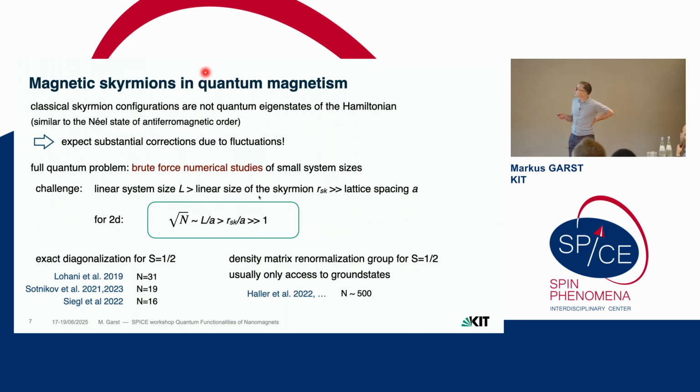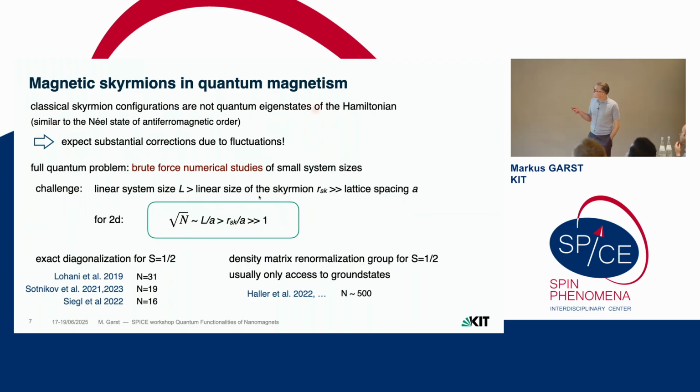Basically, one can just study magnetic skyrmions in quantum magnetism. One can start with a quantum Hamiltonian with interactions that are known to stabilize skyrmions on the classical level, and ask whether the wave function has some skyrmionic content.